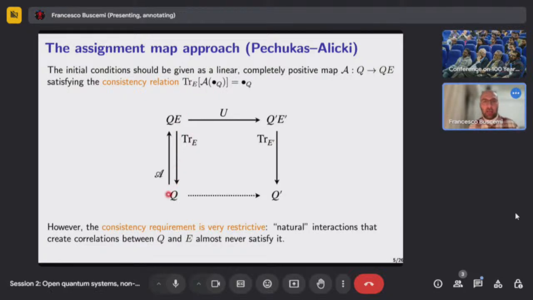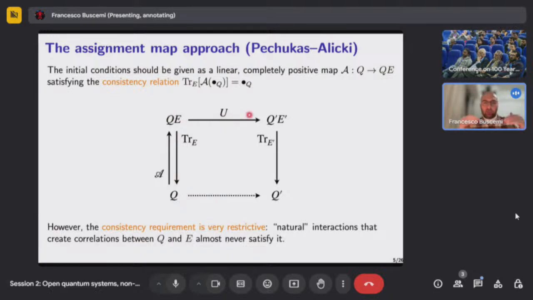That is to say, whenever you start from a state of the system Q and you lift it up to a joint state of system and environment together, then by taking the partial trace on the environment, you should go back to the point you started from. Okay? Then if this is a map which is well-defined and completely positive, then of course you can follow the evolution on the level of the joint evolution.